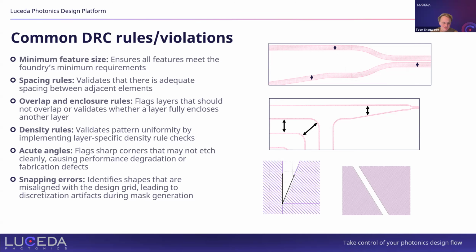Then there's density rules that validate pattern uniformity. And then it is important that there are no acute angles, because this could cause performance degradation or it could cause defects. And the same for snapping errors. Snapping errors can lead to artifacts during mask generation, so they need to be avoided and are also common DRC violations.